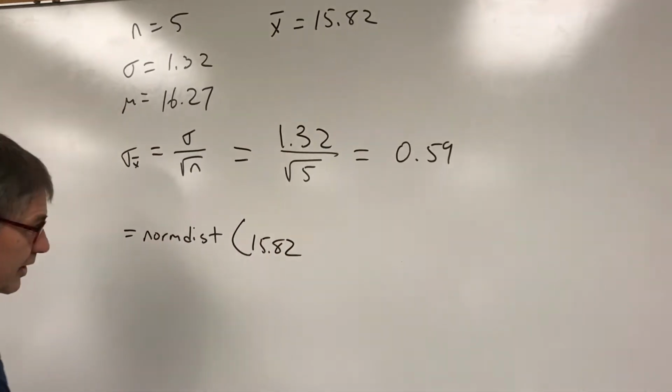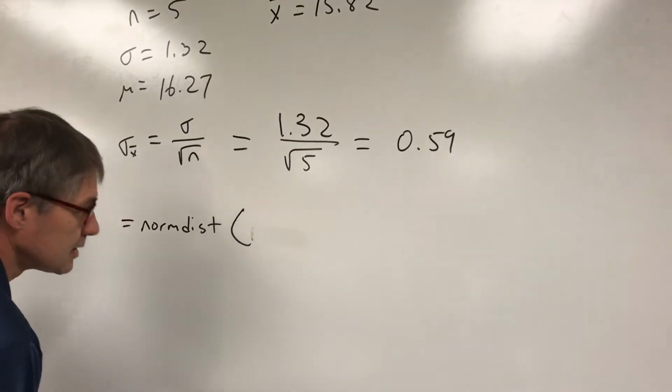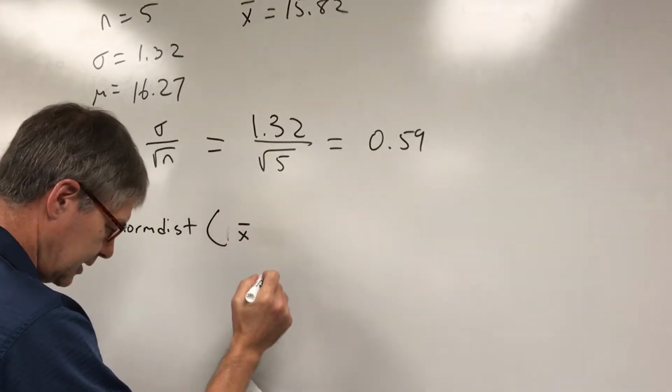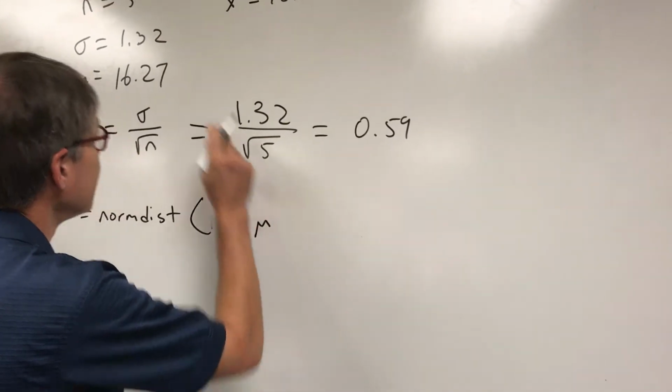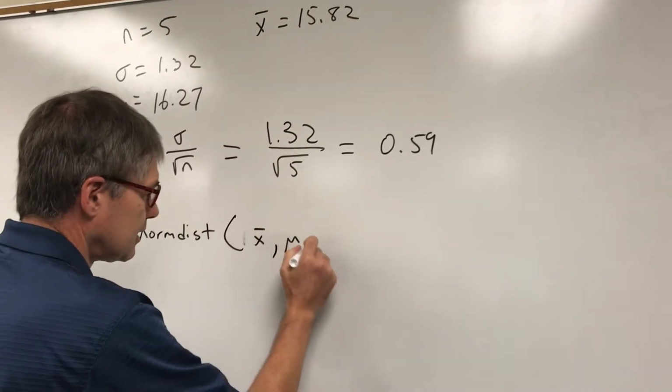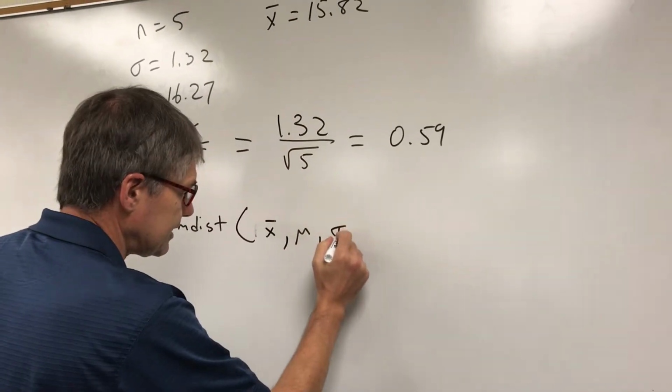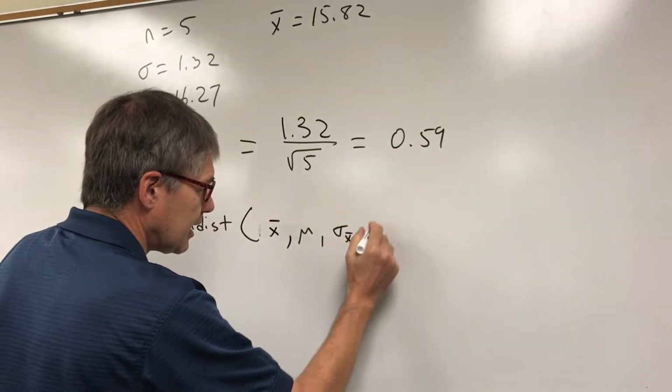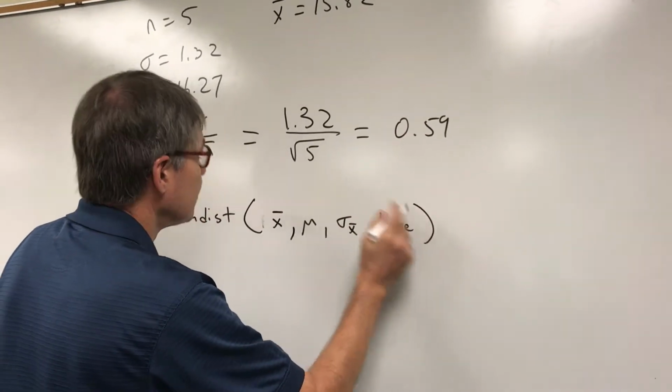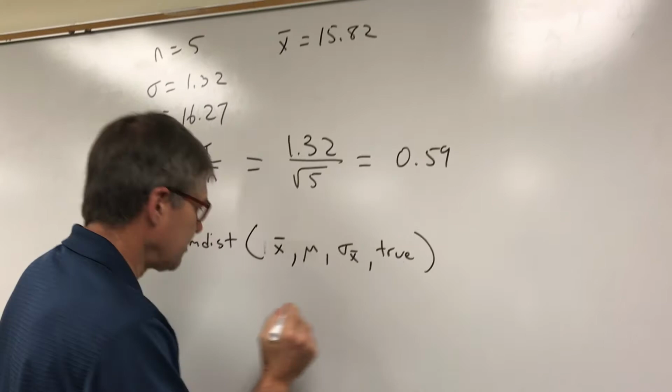Instead of doing it that way, let me do it this way. I'll write it out first. X bar. And then I want the historic average. Then I want the standard deviation of the means. And I want true. I want 15.82 or less. Plug that in.